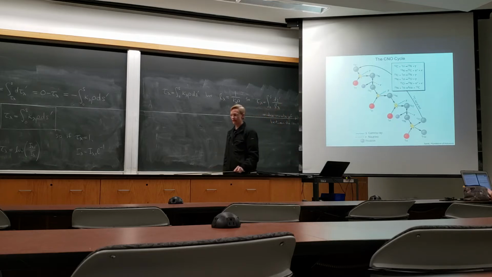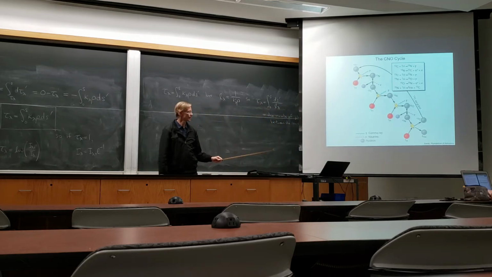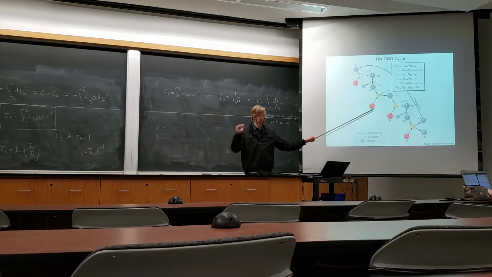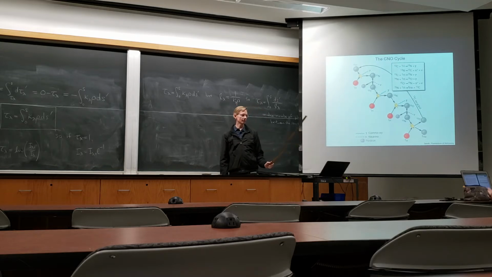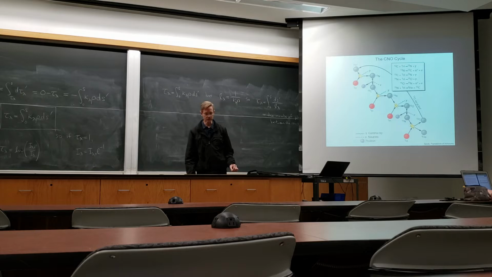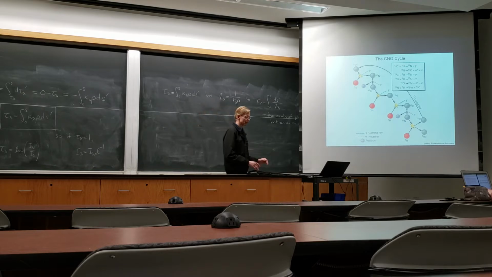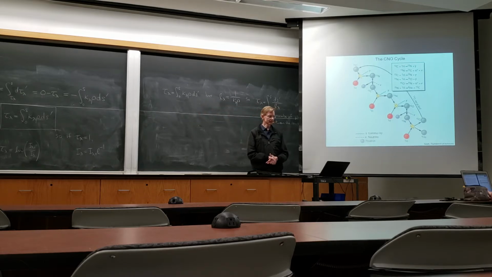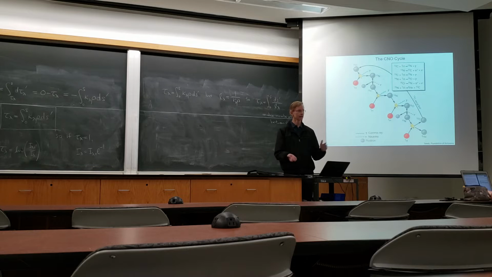So the net reaction is the same in either case, and it turns out that the CNO cycle is favored at higher core temperatures, and the proton-proton chain at lower core temperatures. They're all blisteringly hot, but in other words, more massive stars than the sun that have hotter cores tend to use mostly the CNO cycle. And that's that in a nutshell.